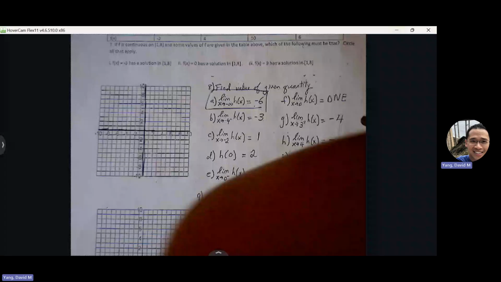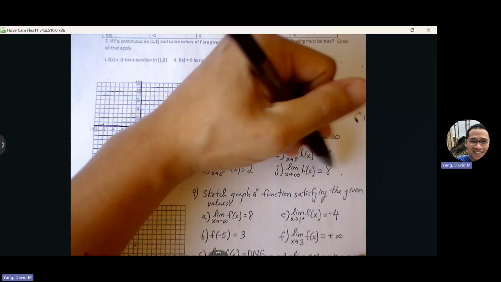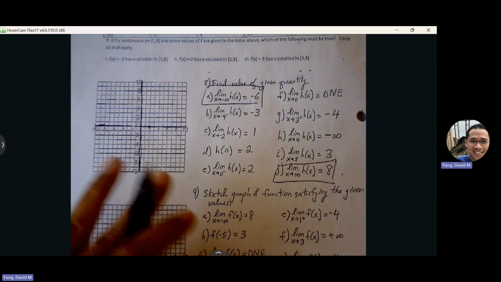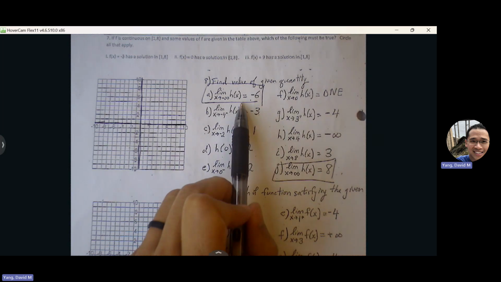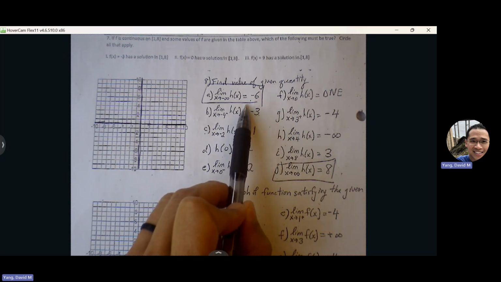What's new is these two here. This is limit as x approaches negative infinity equals -6, and as x approaches infinity, the limit is equal to 8. Does anyone know what these are referring to? These are horizontal asymptotes.